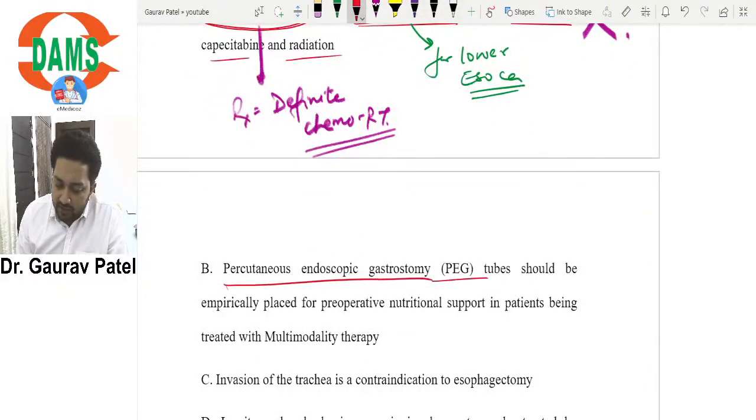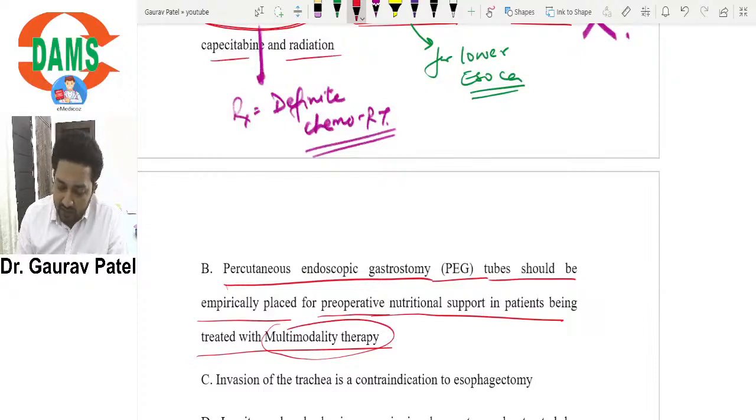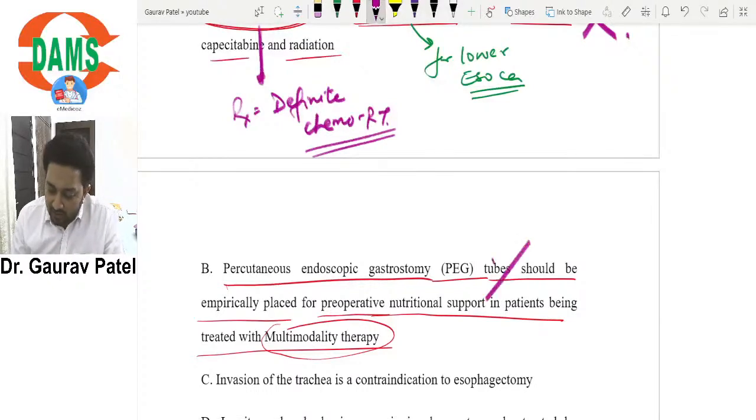Percutaneous endoscopic gastrostomy tube should be empirically placed for nutritional support in patients treated with multimodality therapy. Many times we treat the esophageal cancer patient with pre-op chemoradiation and then go for surgery. When the patient is getting this, they are not able to eat. How can nutrition be maintained? Again, this is a wrong statement.